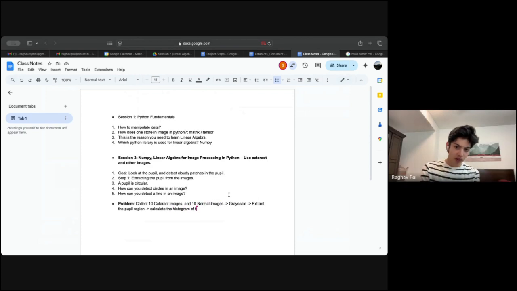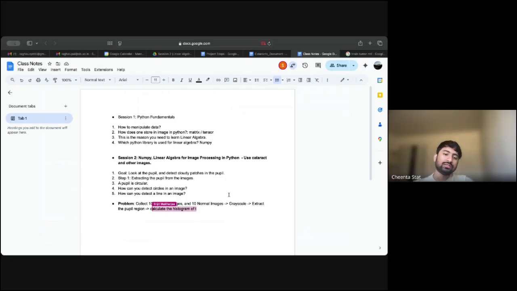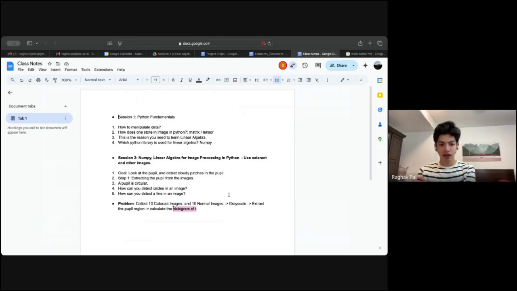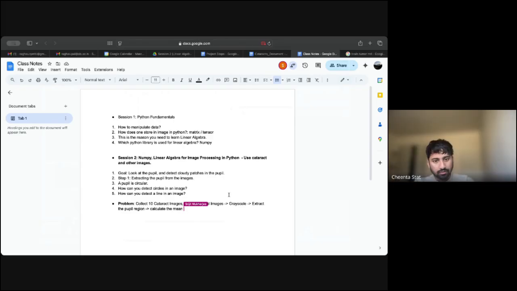Okay, I would say, we can find the average brightness of cataract versus non-cataract. Yeah, the mean of cataract versus non-cataract, and normal.